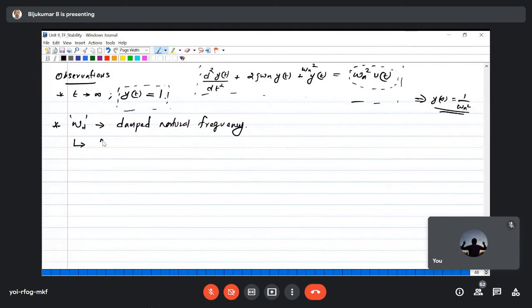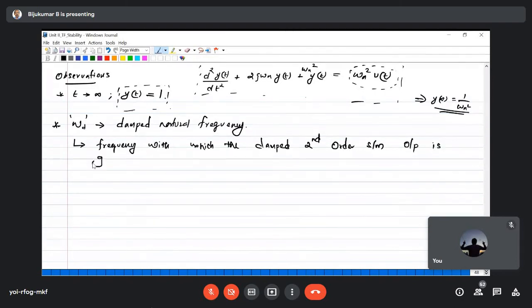Omega d is the frequency with which the damped second order system output is going to oscillate in the presence of an input.